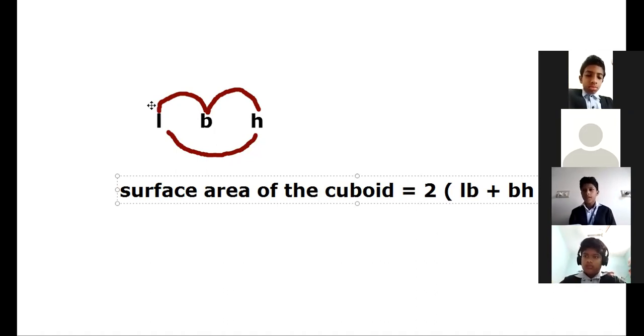Okay, then let's do an example. Please leave a page to write this derivation, and not now. I'll share this in the class group, then you have to copy this.